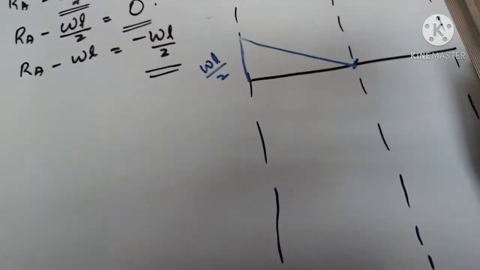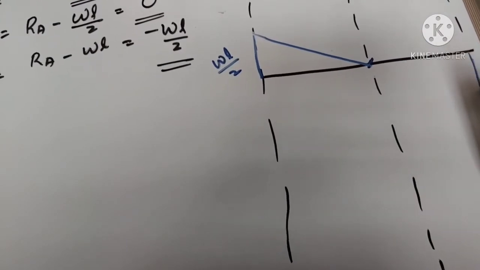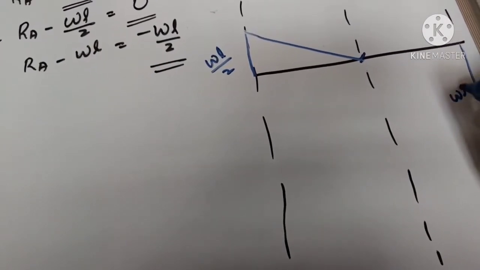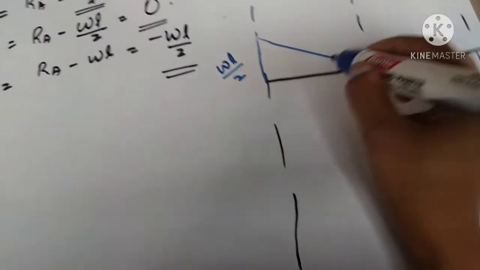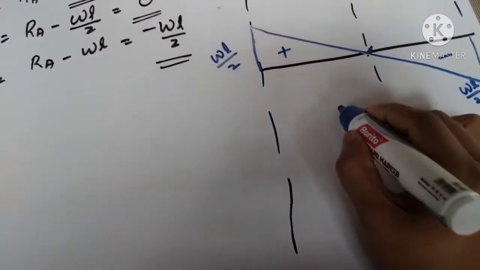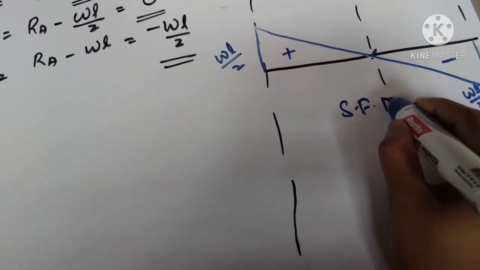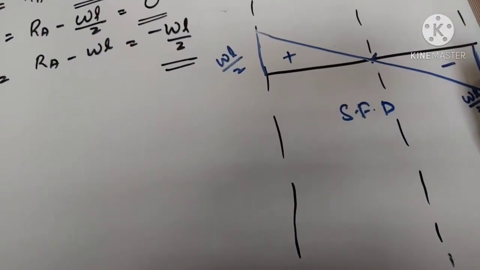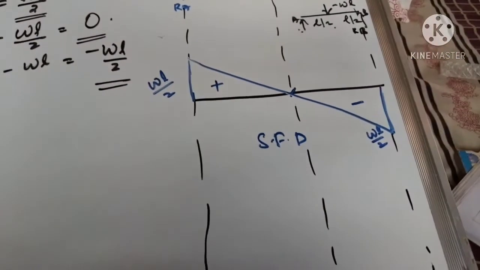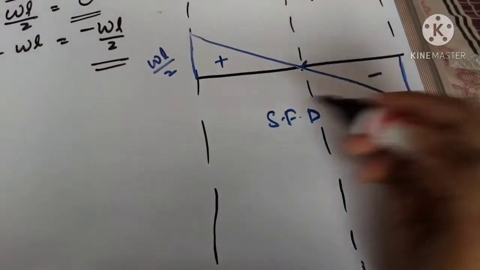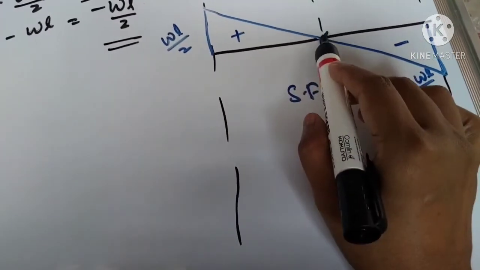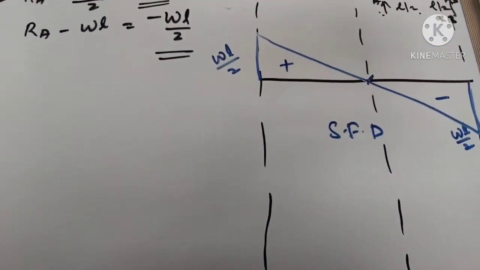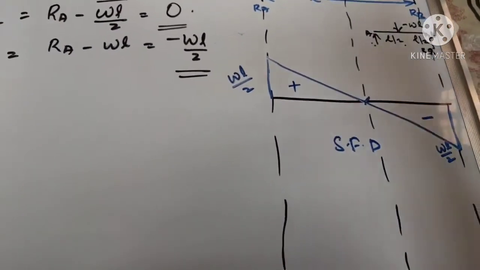At B it is minus WL by 2. This is negative, this is positive. This is the SFD. So these are the SFD values: WL by 2, minus WL by 2, and at C it is 0.